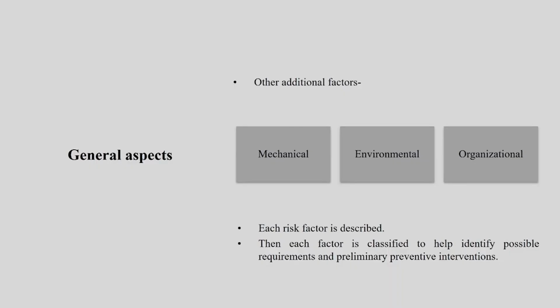Now, the other additional factors that are going to help you in this method are the mechanical factor, of course, the environmental factor and the organizational factor. We will discuss these factors separately in the next few slides.